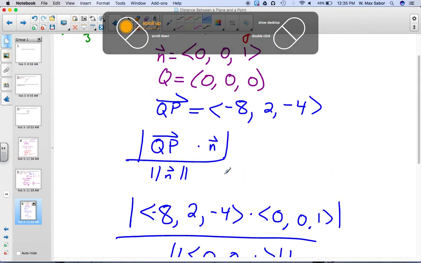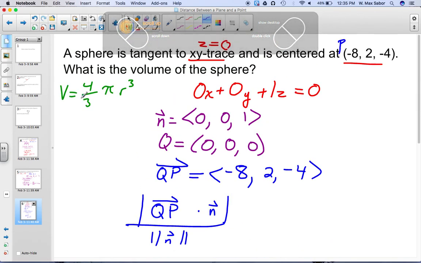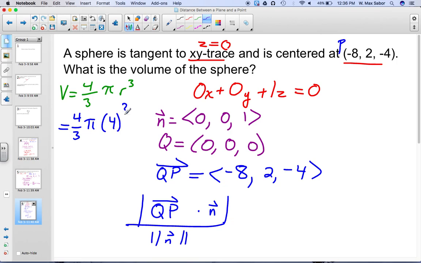So now, what's the volume of the sphere? We can plug that back in. For the volume, 4/3 pi times 4 cubed, which is 64, times 4 is 216 pi over 3. So that's our volume of the sphere.